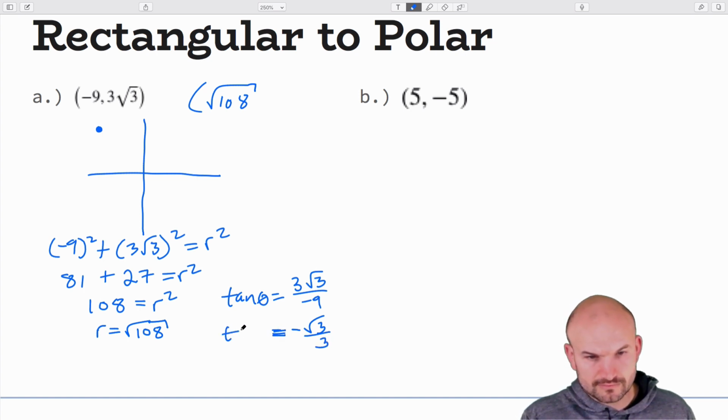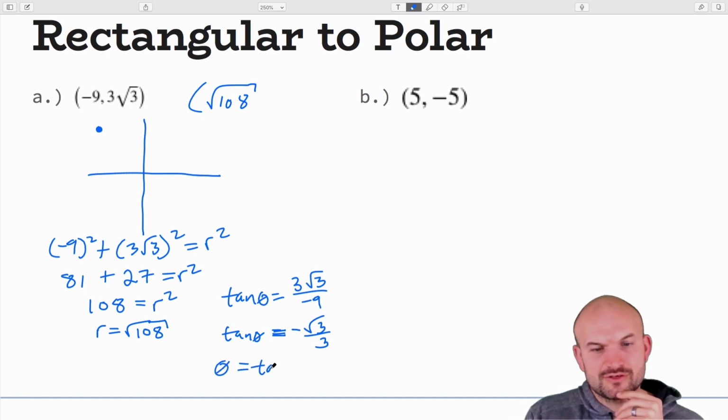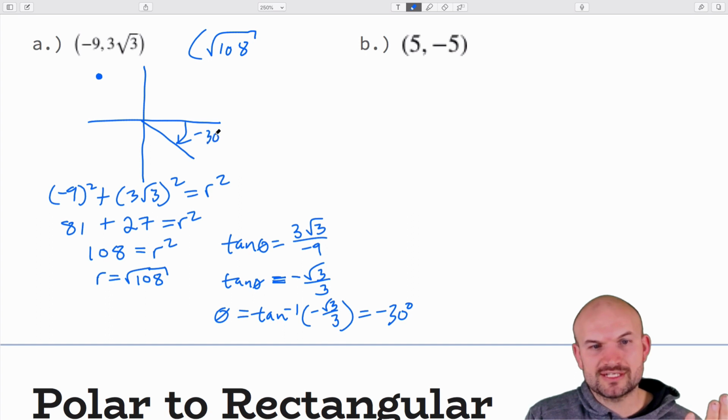Okay, so hopefully you recognize that is going to be for 30 degrees. So when I do tangent inverse of negative square root of 3 over 3, that is going to give me in my calculator a negative 30 degrees. But again, that doesn't make any sense, right? Negative 30 degrees is over here. My point is over here, right?